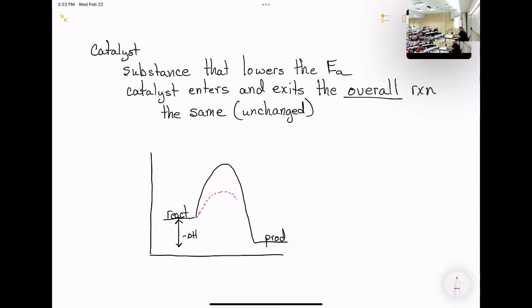That alternative path simply is going to have a lower energy of activation. Now, in this particular case, this is a one-step alternative path, because we only have one energy of activation pump, if you will.